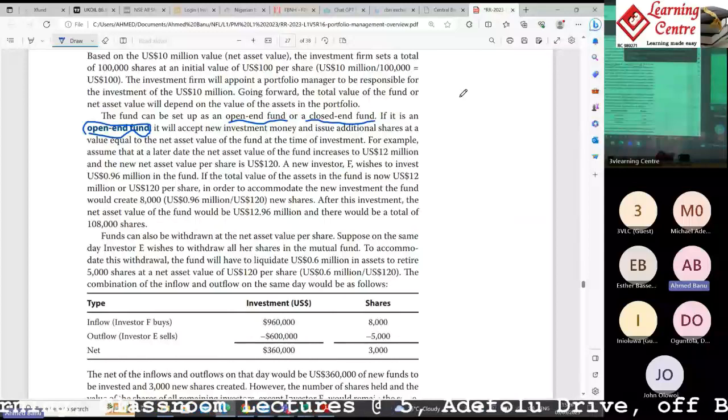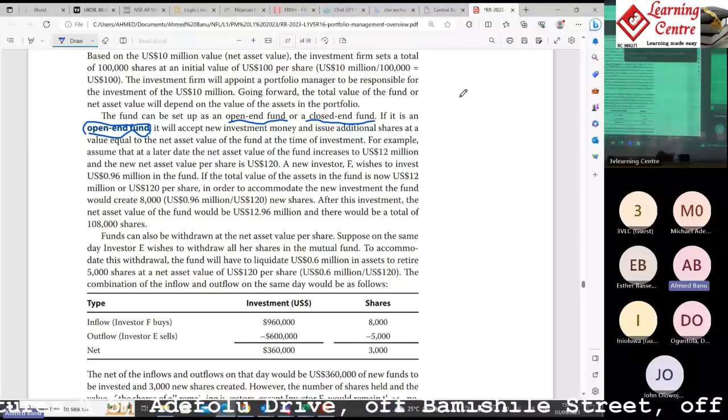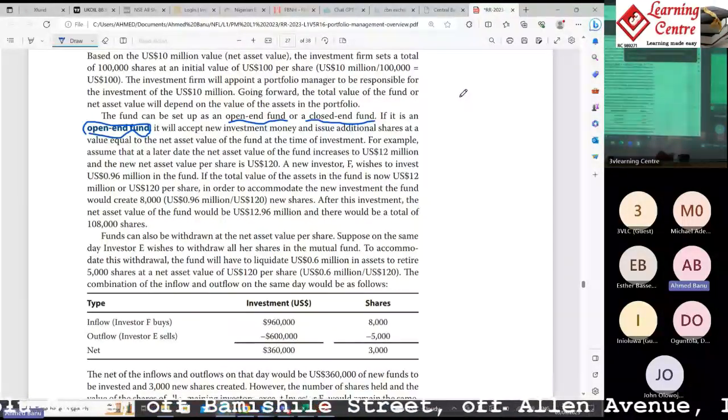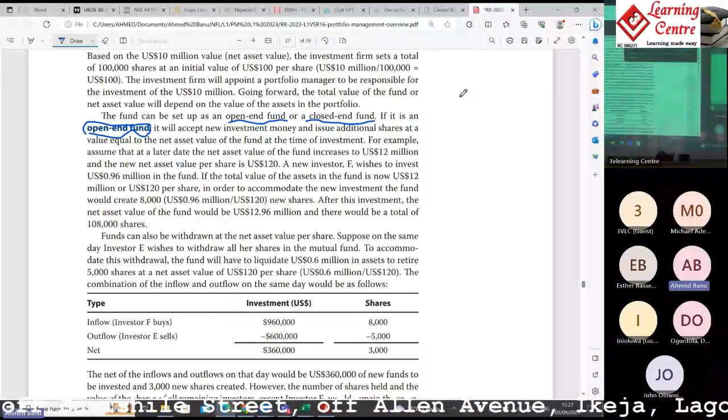When you hear a mutual fund is open end, what should automatically come to your mind is easy entry, easy exit.